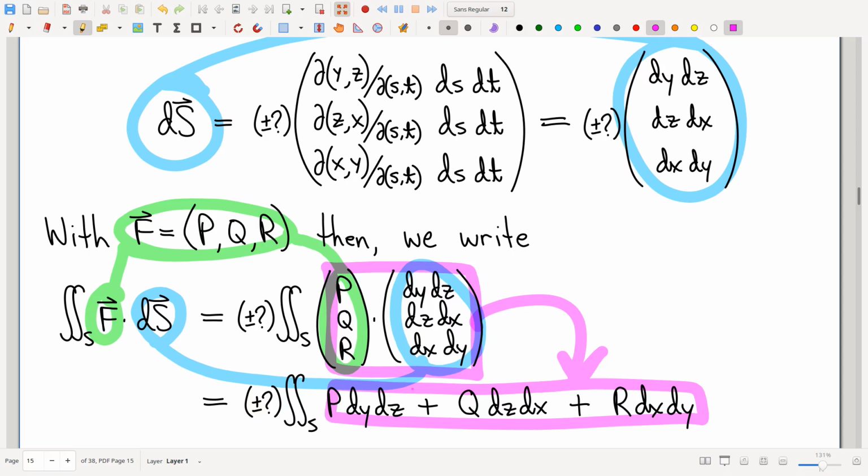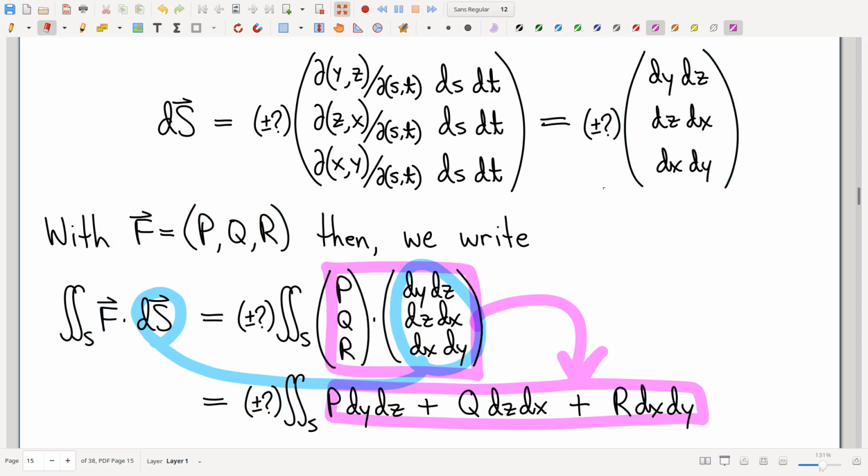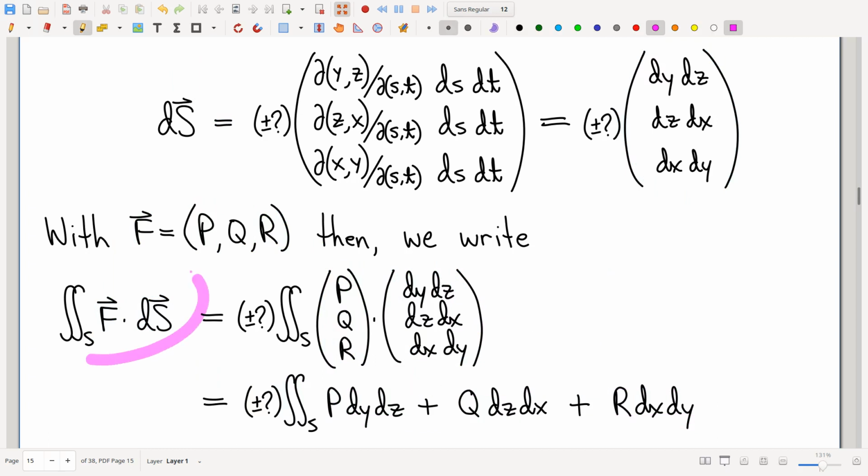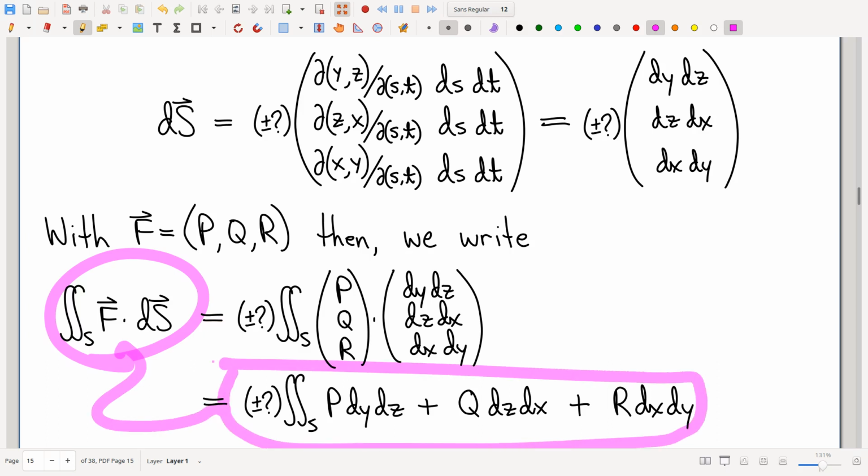And son of a gun, look what we've got here. Our vector surface integral can alternatively be written like this. This is what I'm going to call a coordinate surface integral. Still a surface integral. Notice this is still adding up over the surface, whatever surface you were doing the flux through.